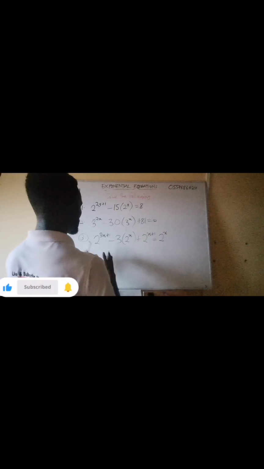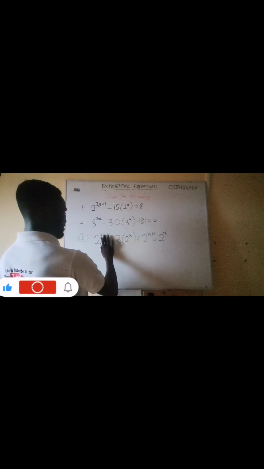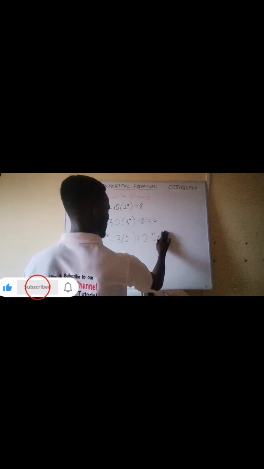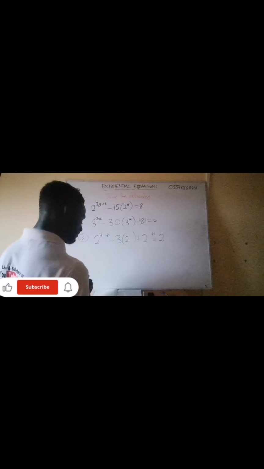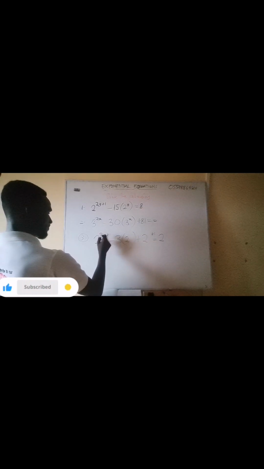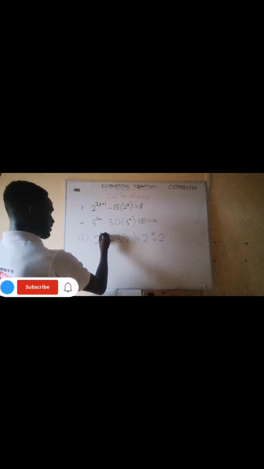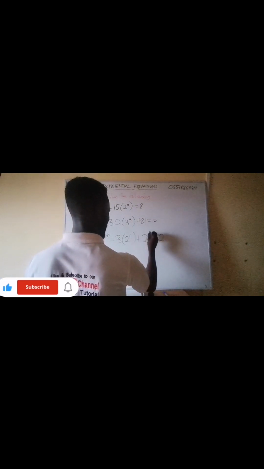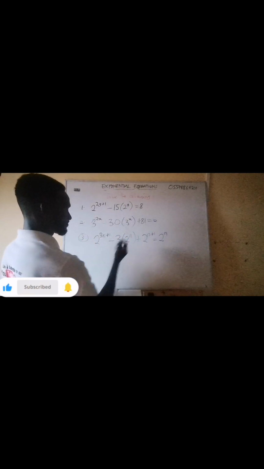Now, okay, let me change the variables so that the variables will be different. Let me use a different variable for this one. So let me make this one n.